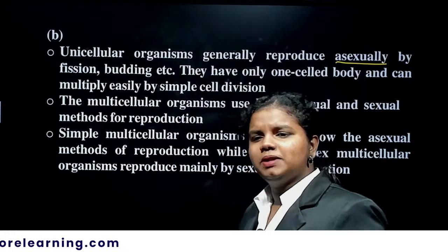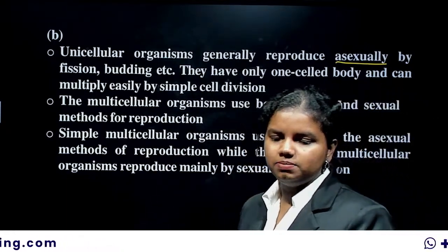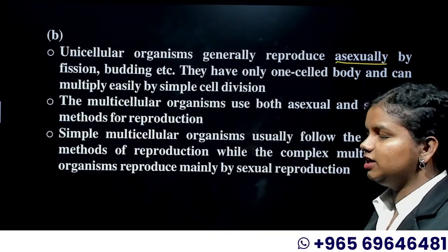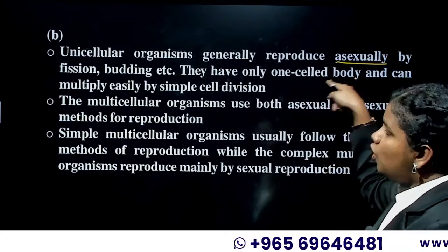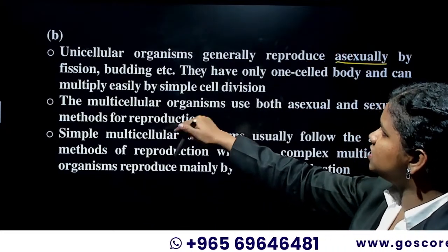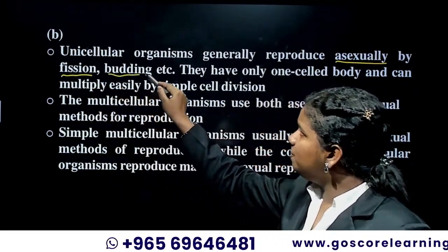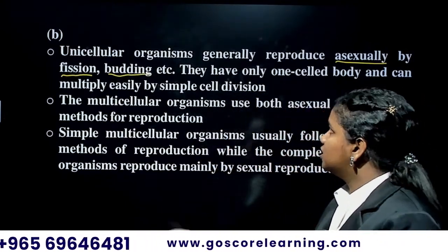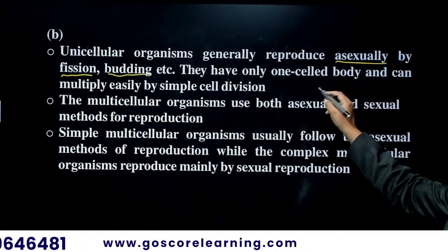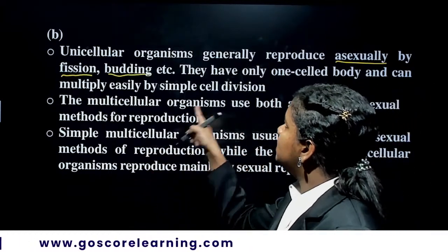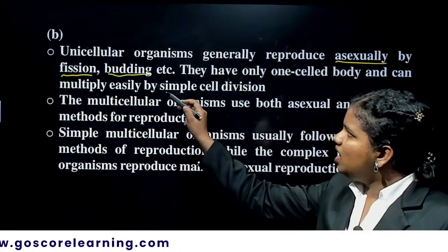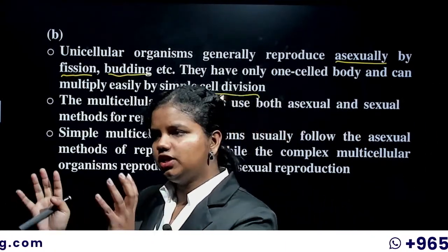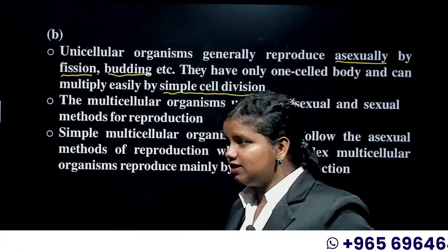They can simply make a copy of themselves by a copy-paste mechanism. Done. So they normally undergo asexual reproduction like fission, budding, fragmentation. There are different methods of asexual reproduction. And they have only one cell body and can multiply easily by simple cell division. So a simple normal mitotic division, just one parent splitting into two daughters. It's as simple as that.